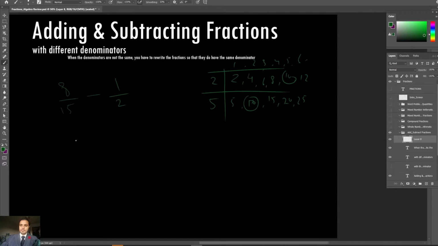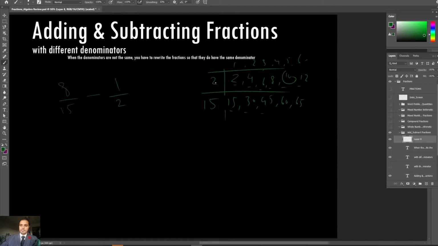Sorry, this is 8 over 15, so this is wrong. This is not the table for 5, this is the table for 15. So 15 times 1 is 15, 15 times 2 is 30, 45, 60, okay? Whereas with 2, now there's nothing in common: 2, 4, 6, 8, 10, 12, nothing in common with 15, 30.